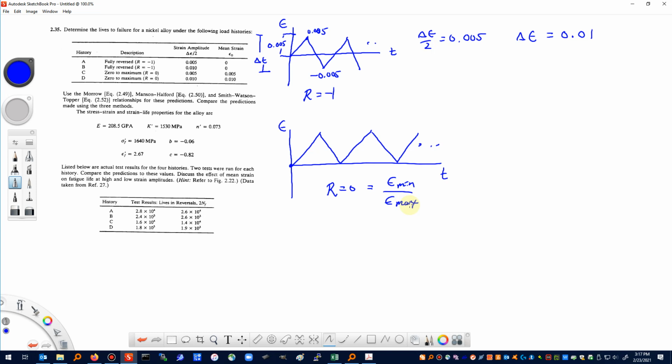So by R equal to 0 loading, I know that it goes to 0 each and every cycle. Now here I have to be a little bit careful because it tells us the strain amplitude is 0.005. Remember, the strain amplitude is half of the range. In this case, the range is from here to here. So the amplitude being 0.005, the range is going to be 0.01.